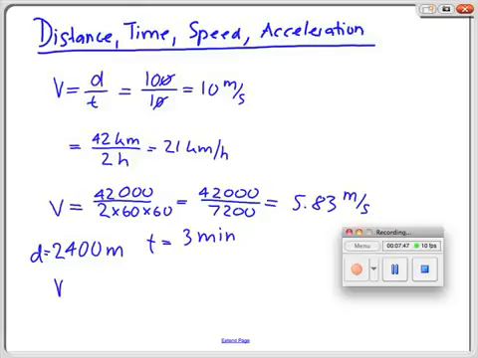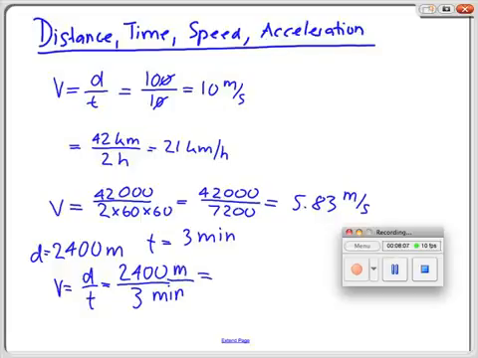So I'm writing down my formula v equals d over t. My distance is 2,400 meters divided by 3 minutes. Now if I put the units behind here, then it becomes a bit more apparent what I'm actually doing.